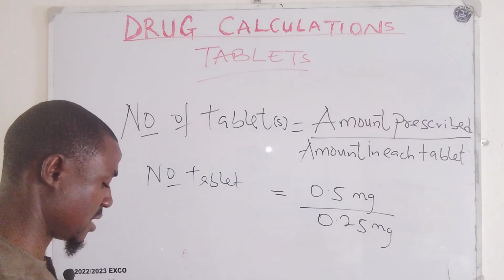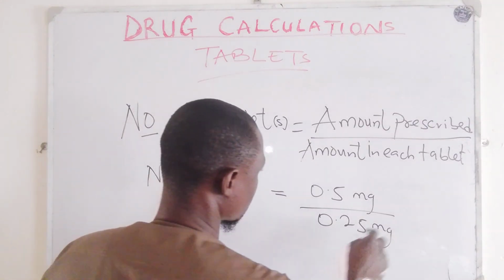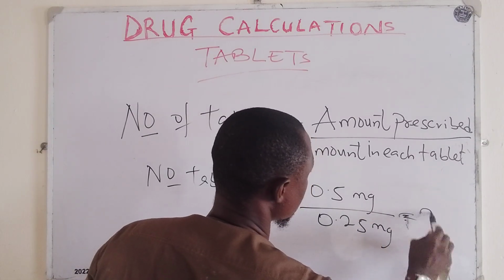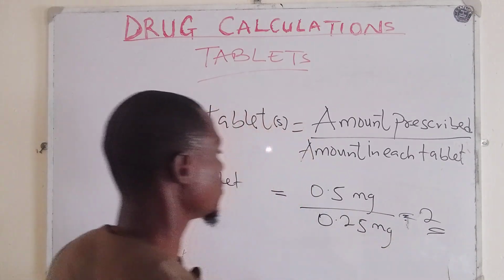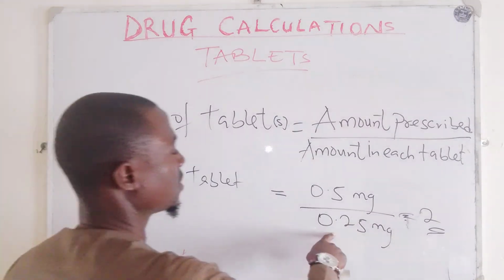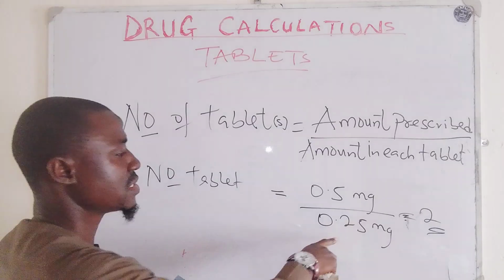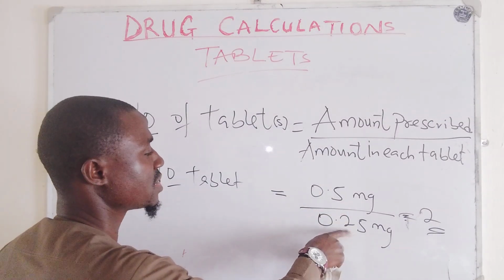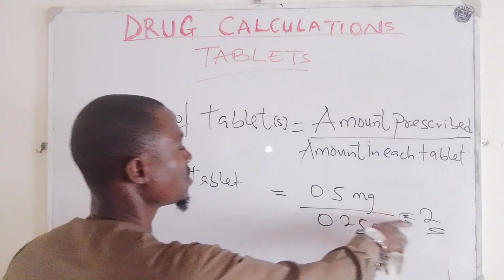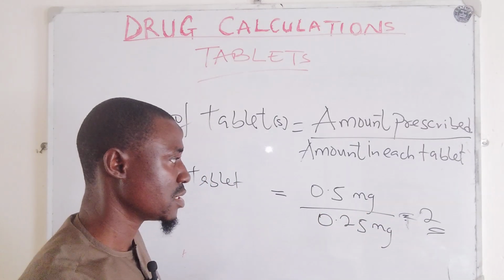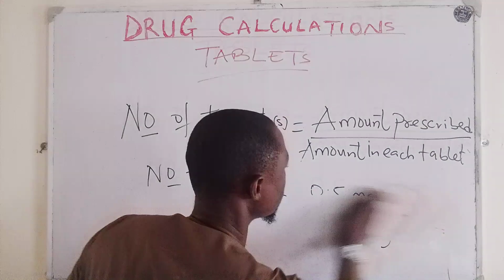This will give us 2 tablets. That is to say, if the amount in each tablet is 0.25 and 0.5 has been prescribed, then 2 of these 0.25 tablets will give me the 0.5.